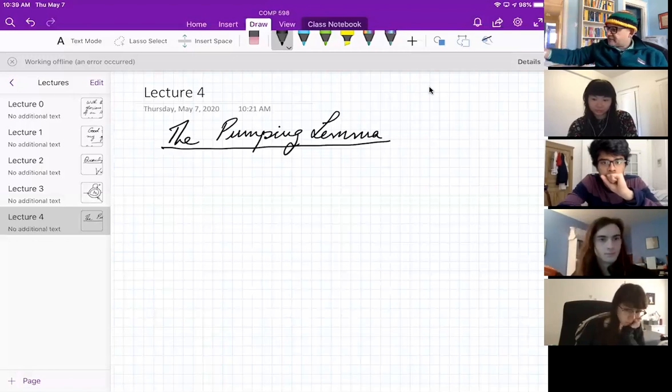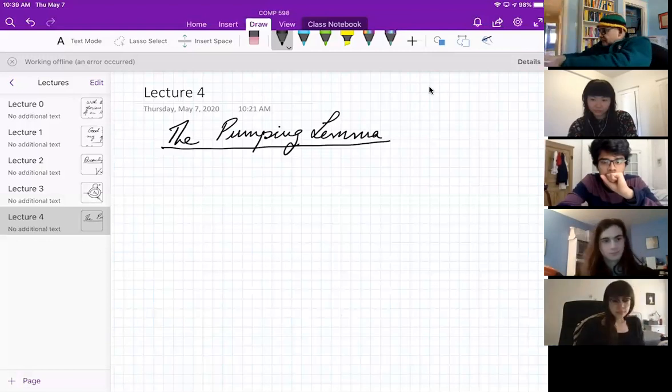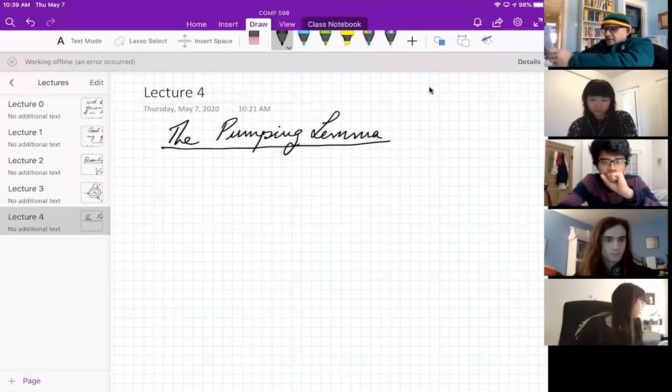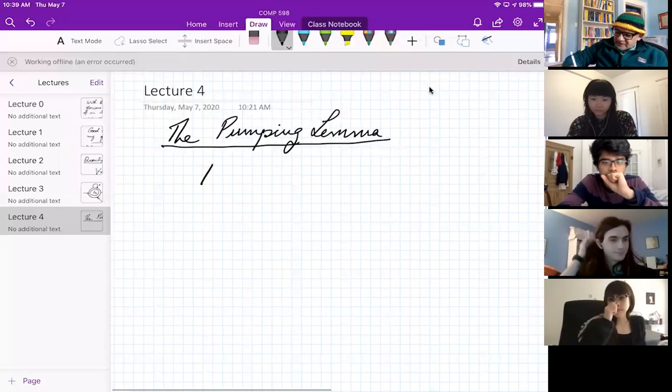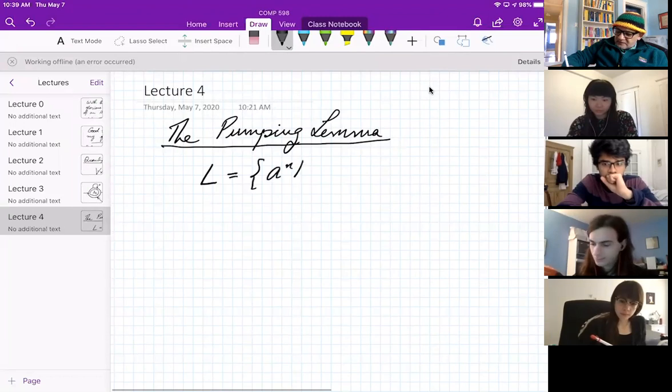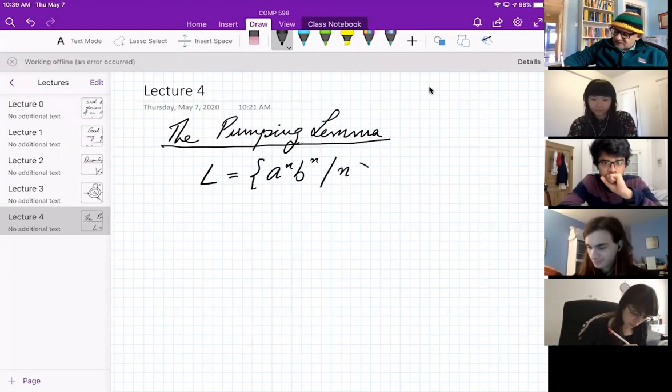So we have already seen this language. Consider this language L, which has a block of A's followed by an equal length block of B's.